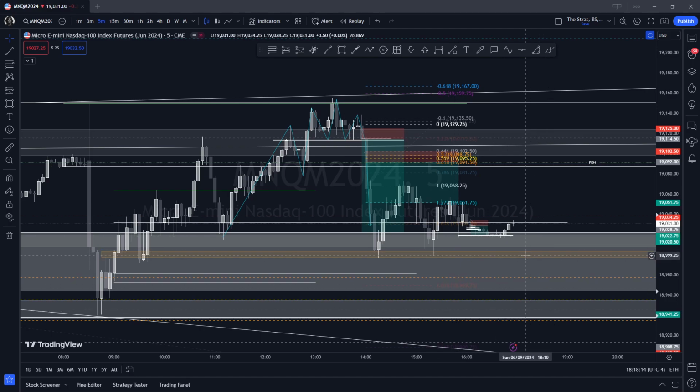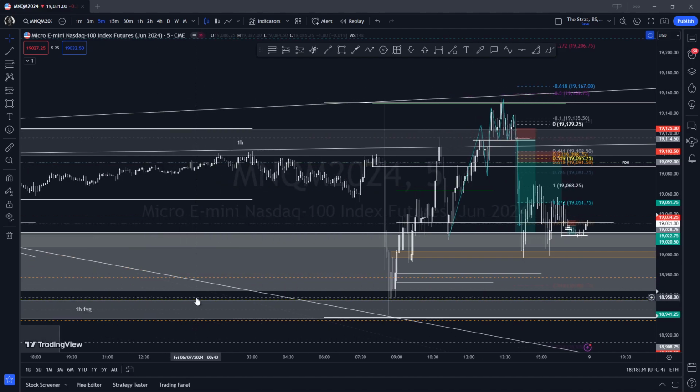My assumption would be, if I were to go long, I'd want to see this level hold right here, first of all, because anything below this, where I drew that order block, it's dumping right here, back to the 1.272.